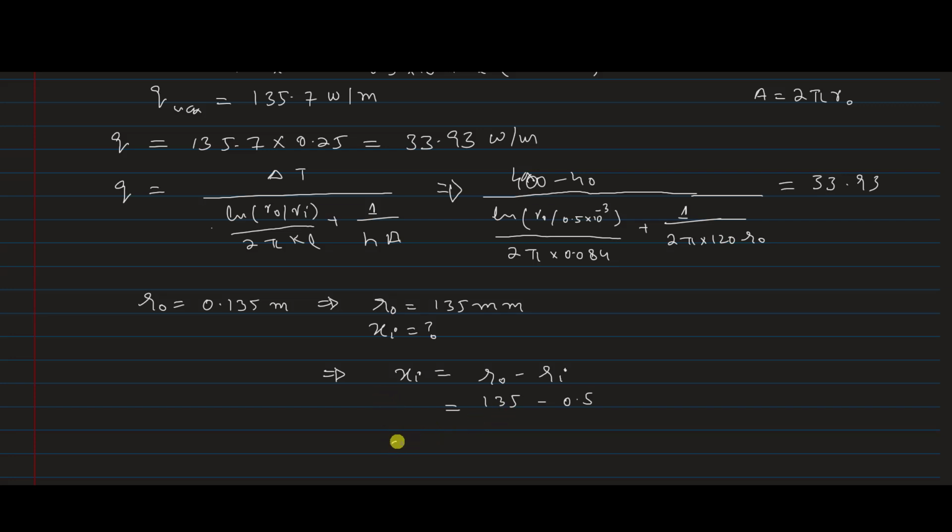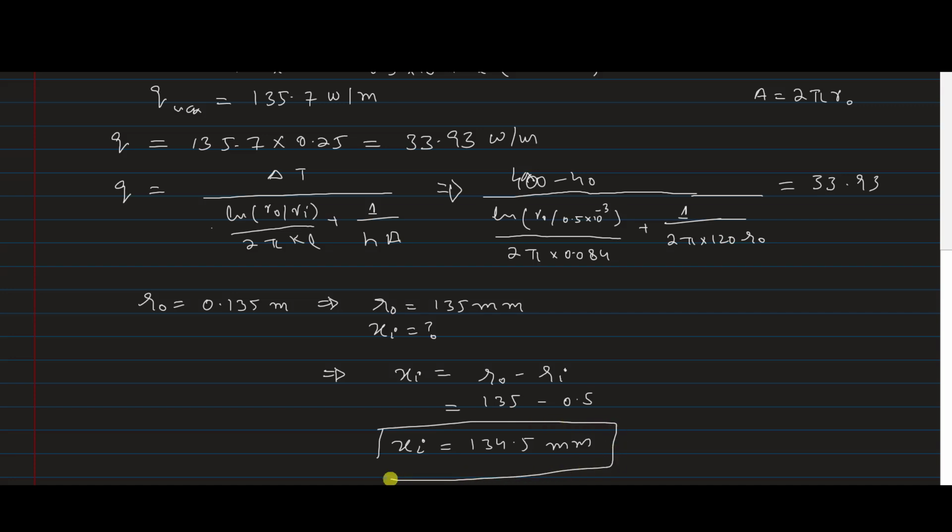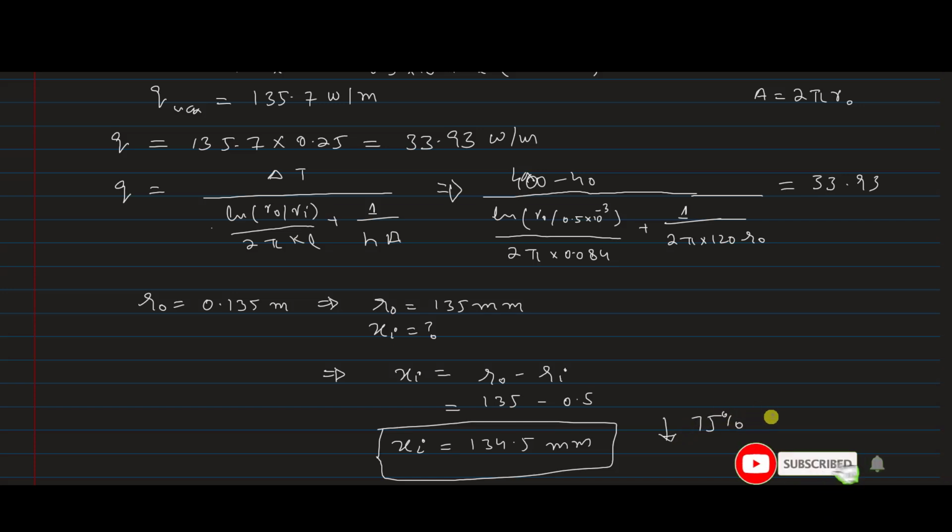After subtraction, you will get the thickness of the insulation, that is 134.5 millimeter. So this is the thickness of insulation that is provided on the bare wire in order to reduce the heat transfer by 75% and allow only 25% heat transfer from the wire.